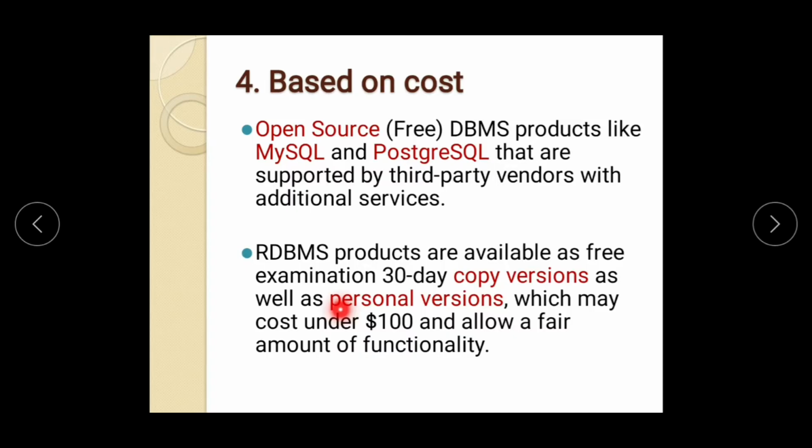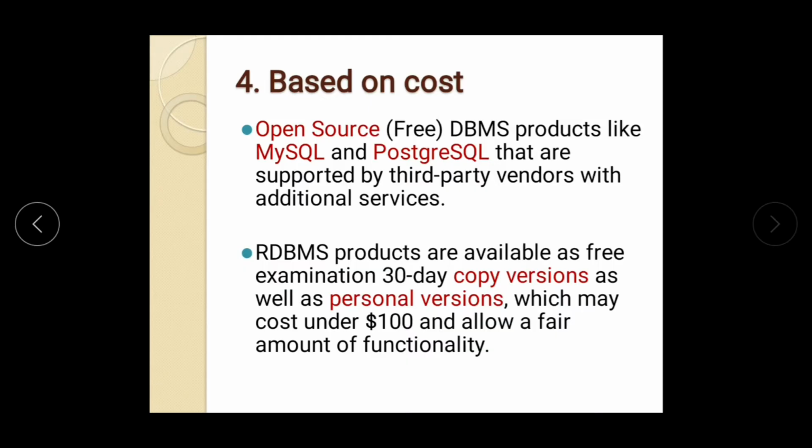Another version is the personal version. Personal versions will cost around $100, and these personal versions have a fair amount of functionality. Mostly all the functionalities are available in the personal versions.